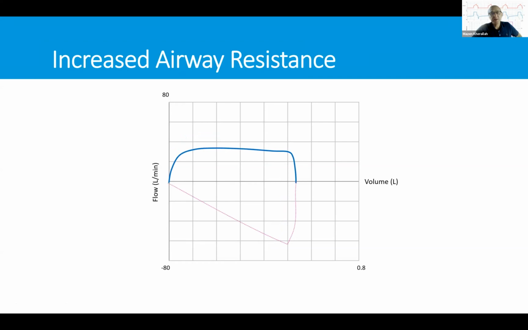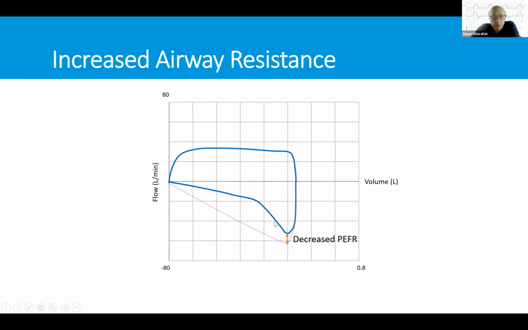Take a look at this one here. This is the patient in a normal case with a dotted line. What you see here, the flow is limited. This is decreased peak expiratory flow compared to the normal case.